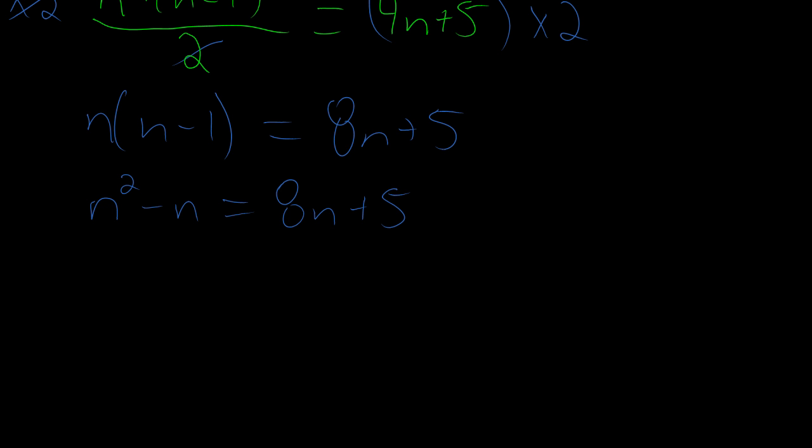Hopefully this will factor. It's on a non-calculator part, so it should. So the first thing I'm going to do is subtract 8n from both sides. So what do I get? n squared minus 9n. And then, of course, you can bring the 5 over, subtract 5 from both sides.